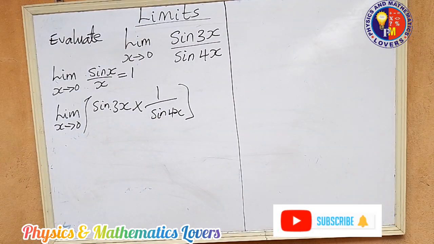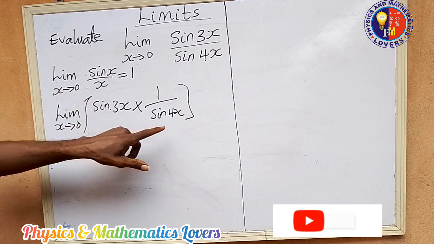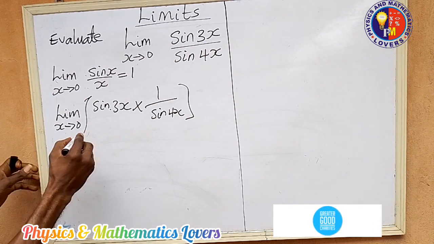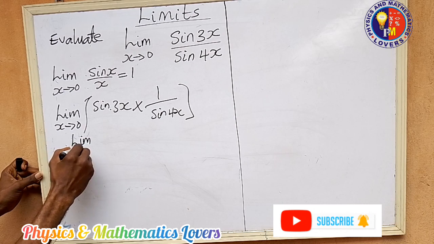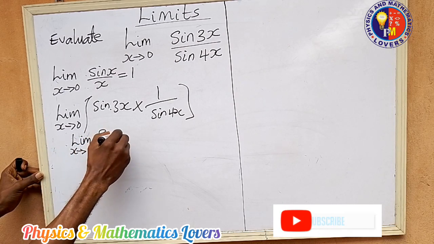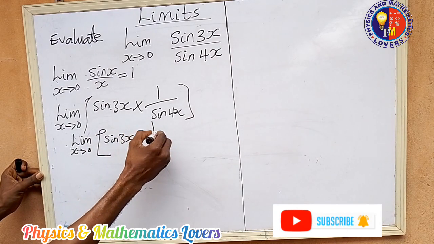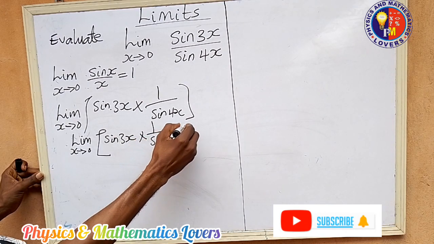So now let's go further. I want to make sure that at the end of the day, I am going to have something like this, and I also have this one become like this. That's my major interest here. So how do I do this? This can also be written as the limit as x tends to 0 of sine 3x times 1 all over sine 4x times 1.